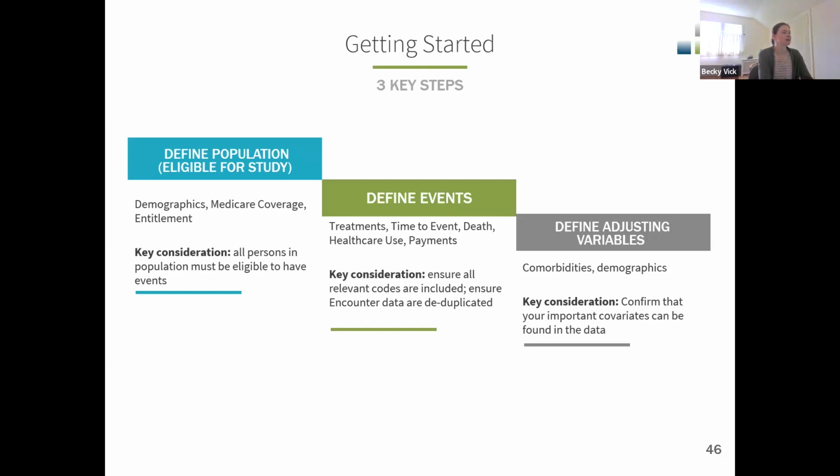And finally, you want to define some adjusting variables like comorbidities and demographics. You want to make sure that for all of your important concepts, there are actual variables available in the data to do the job. And if there aren't, then maybe readjust your plan so that you get what you need from the data.